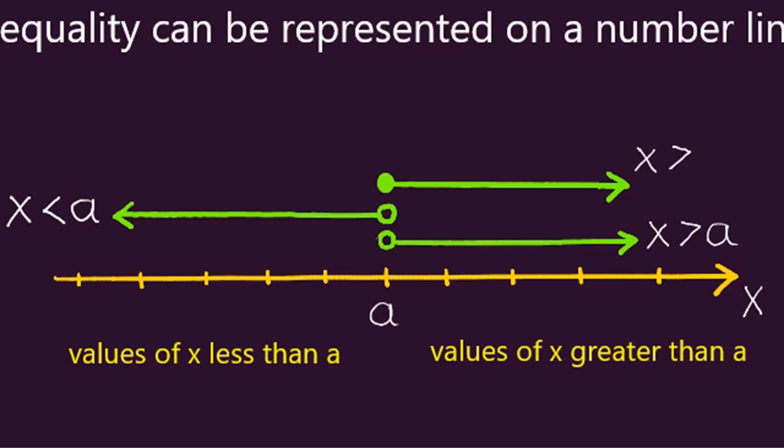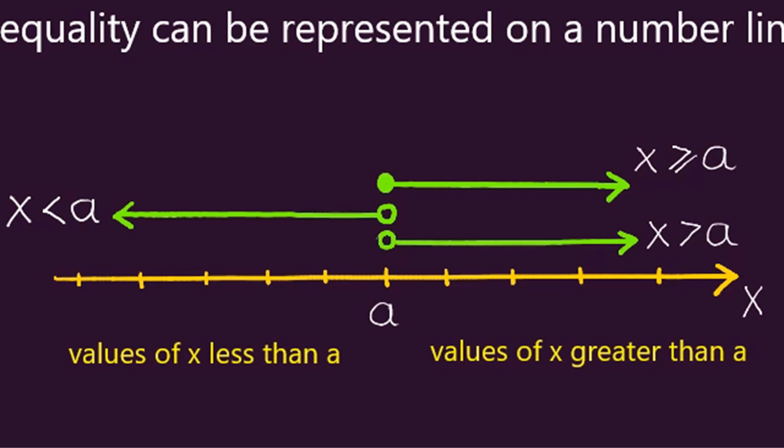So we say that X is greater than or equal to A, using the greater than or equal to sign. Shading the circle on our number A tells us that the value of A is also included. That's why we have an or equal to on our inequality.